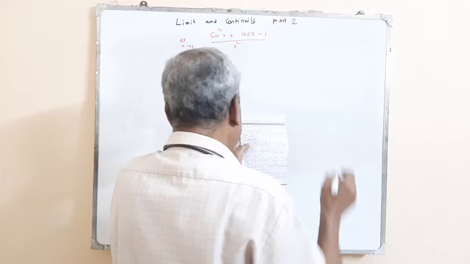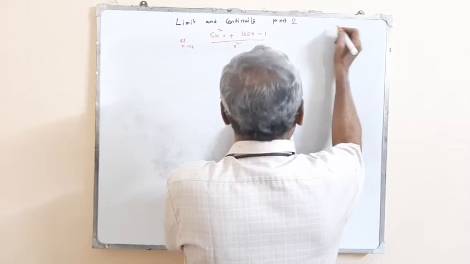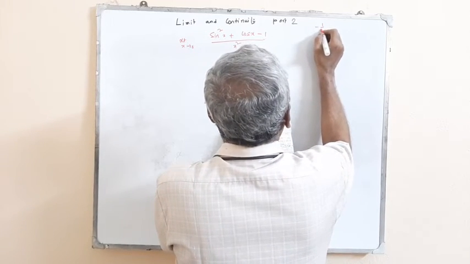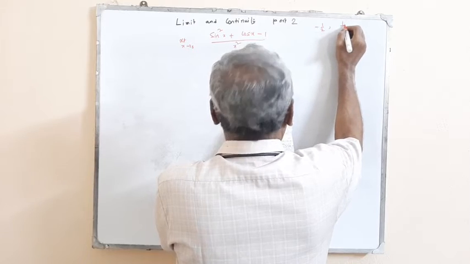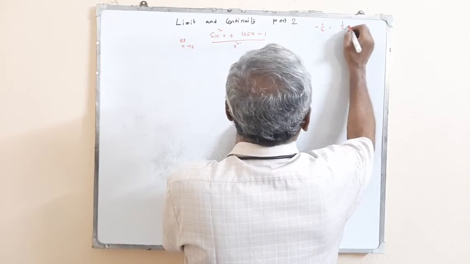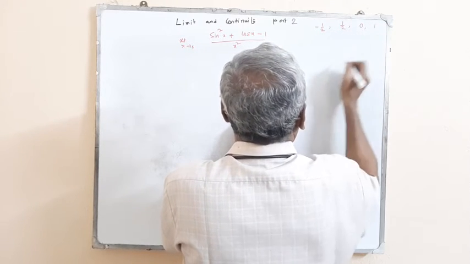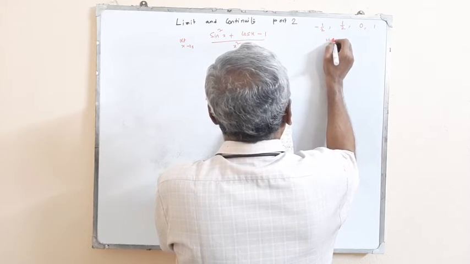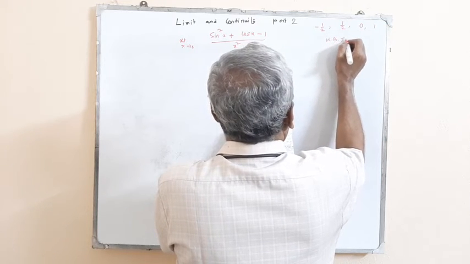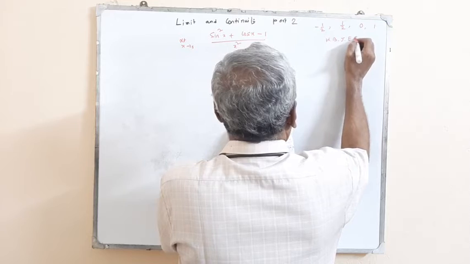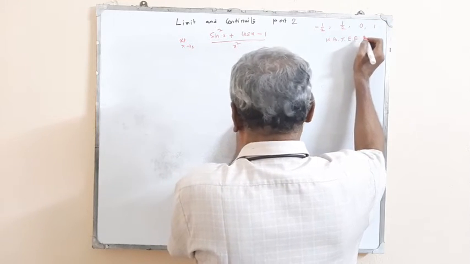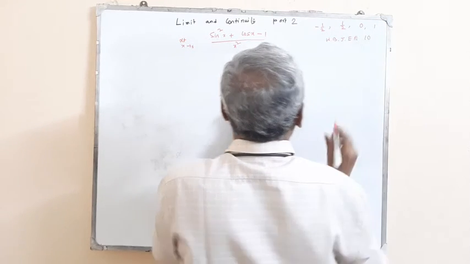Options are minus half, plus half, 0 and 1, and that problem was given in (10).